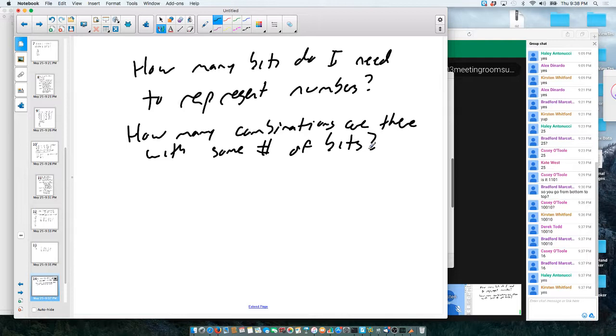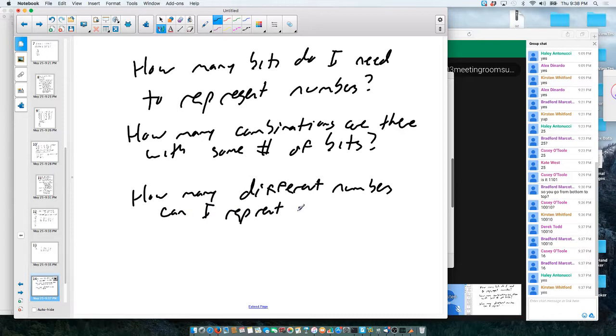And before I do the bit thing, let me ask you this. How many combinations, in other words, let me ask it slightly differently. How many different numbers can I represent in decimal with 2 digits? And when I say 2, I really mean 2 or less, because I'm going to count that as a 2-digit number.